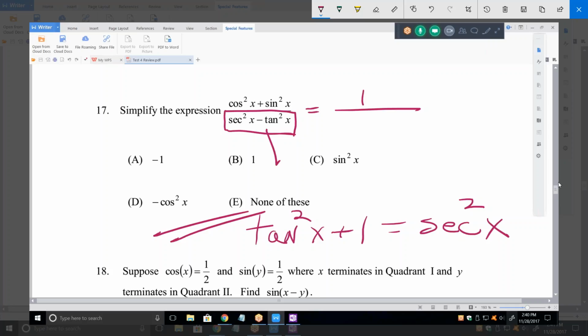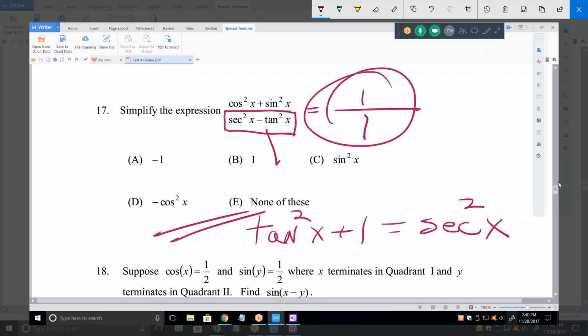Secant squared minus 1. Hold on. Do some algebra on this identity down here. What do I have to do to make one side of this equation look like secant squared minus tangent squared? Oh, you just subtract tangent squared from both sides. Okay, so what's the answer? 1.